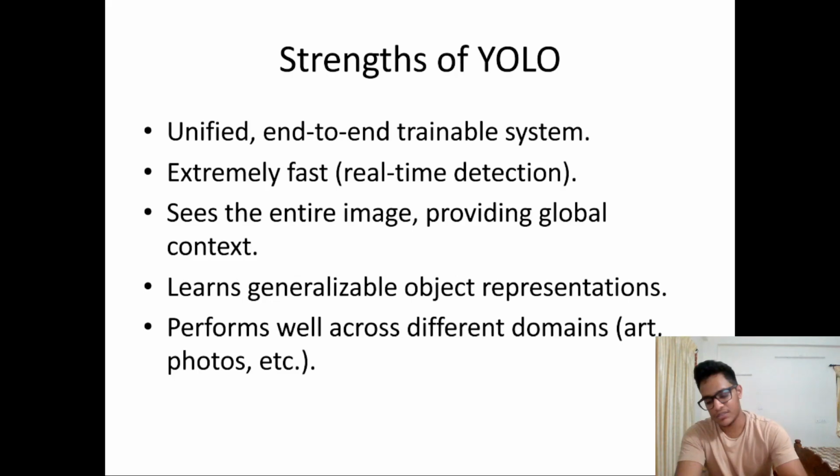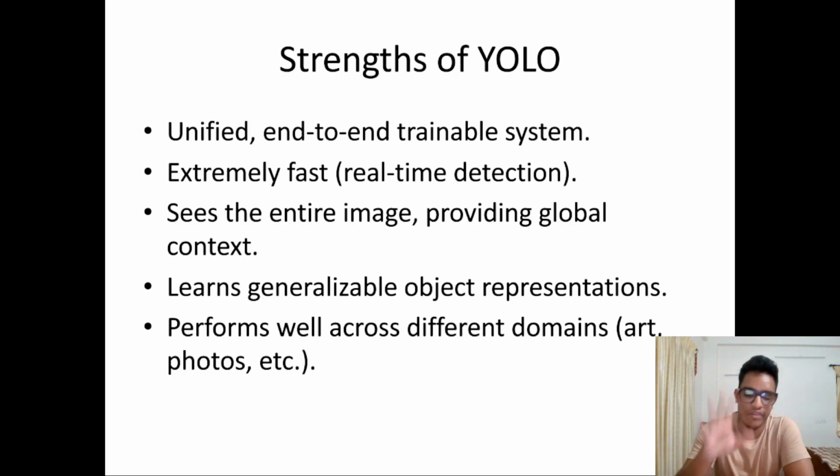Now let's discuss the strengths of YOLO. YOLO is a unified system with a unified architecture. It consists of everything, like classifying, detecting, and predicting, and it gives all of it in a single step.